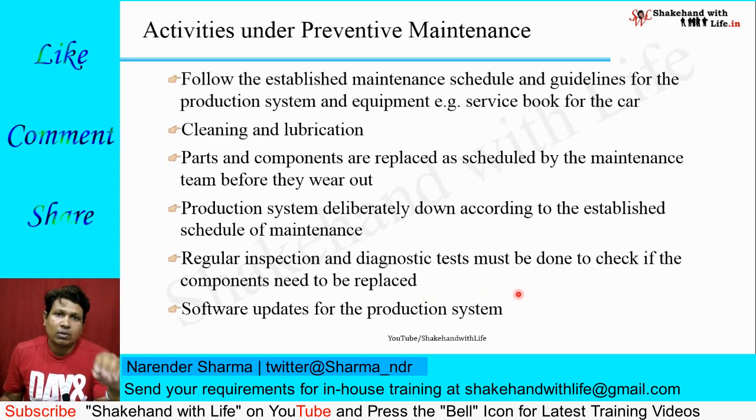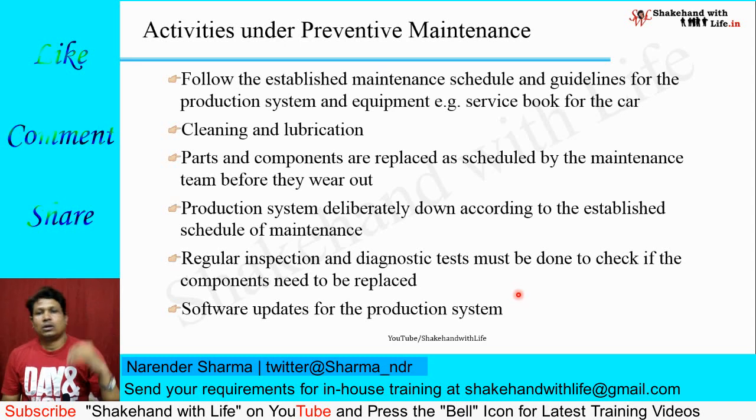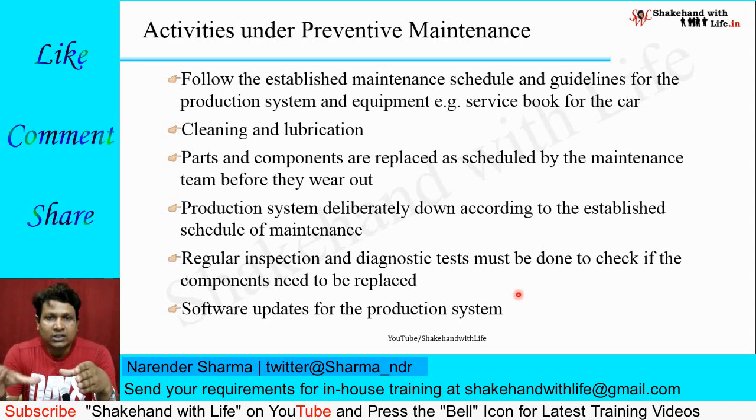The maintenance team must ensure that all the inspections are done in a proper way, and the diagnostic tests for the different parts of the production system must be done, so that if any part fails the diagnostic test, it must be replaced in the production system.